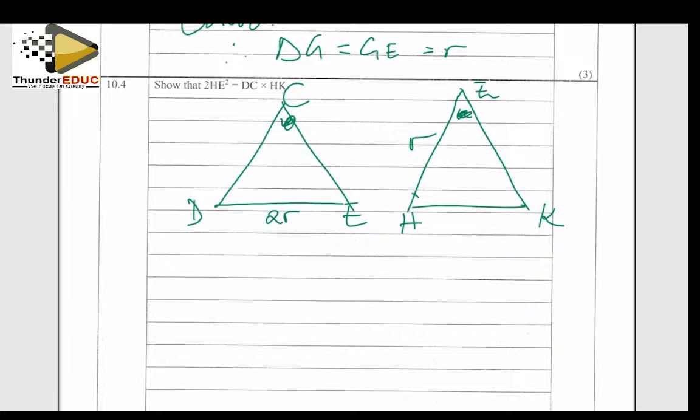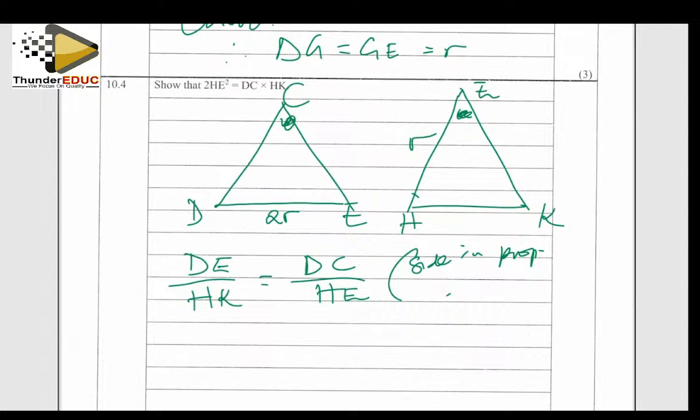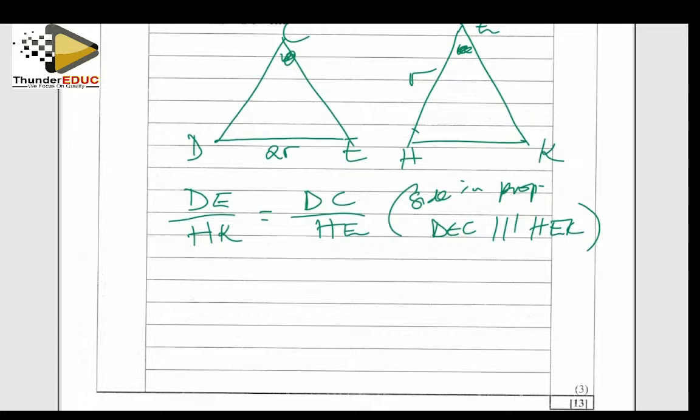So let me compare the sides by saying that if I have my DE divided by my HK, this must give me the same as having a DC divided by HE. So I'm going to say sides in proportion, because DEC is similar to HEK, or you can just say those triangles are similar.